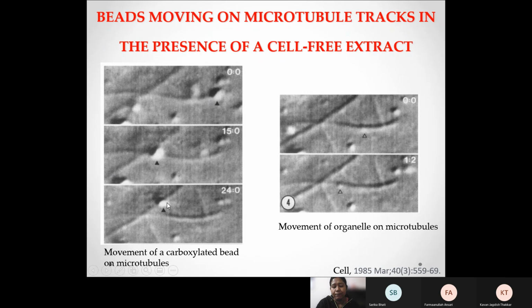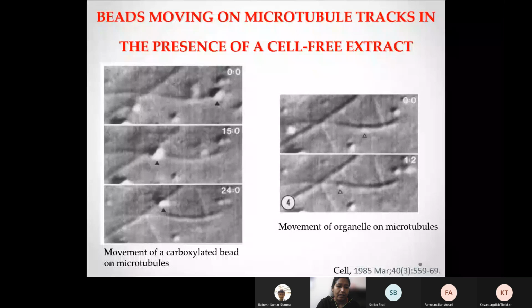So they found that this movement was occurring in a manner where the microtubules were guiding the movement. And the movement could be done with these beads. They could also be done with organelles. For example, here, if you see with the arrow they have marked out, here there is an organelle, it's here at one time point, and at the second time point it's here.